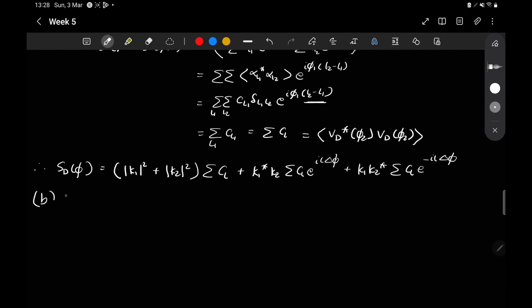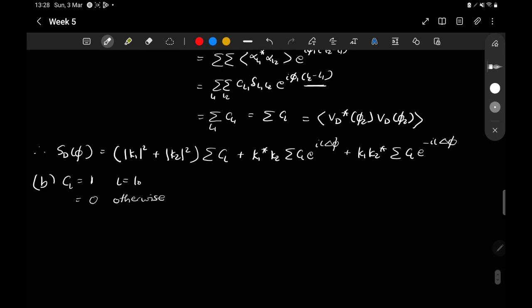In part B, we are given that CL equals 1 for L equals L naught and it is equal to 0 otherwise. So when we plug in these values in this above expression, we get the following for the intensity at the detector. So this will equal 1.